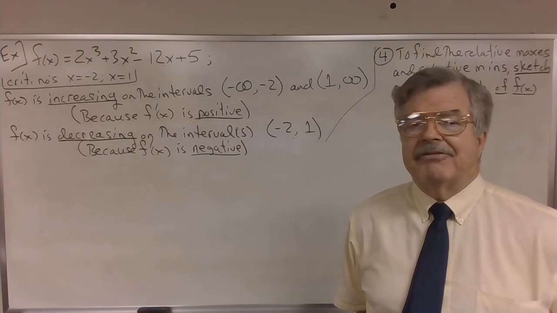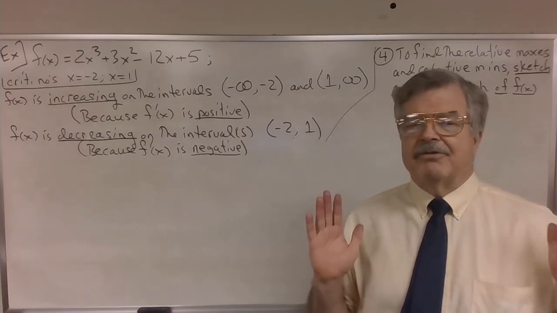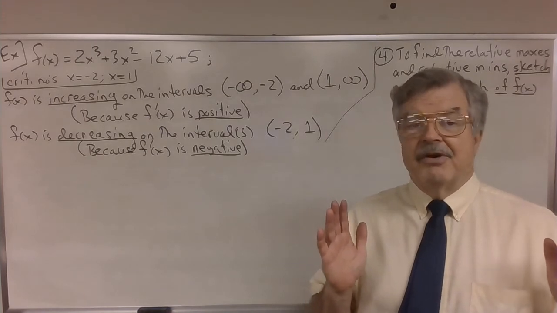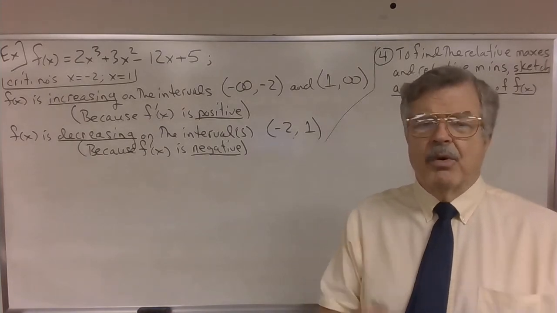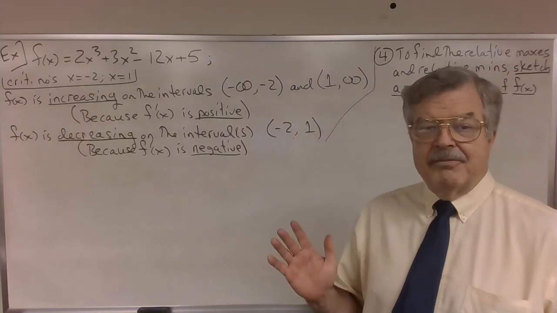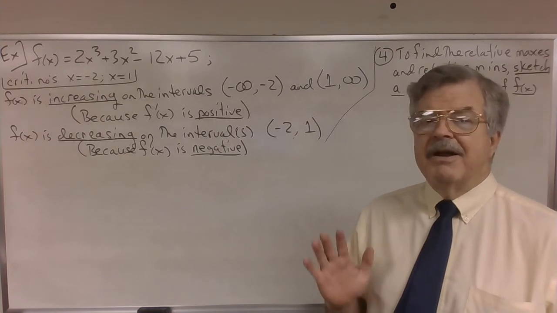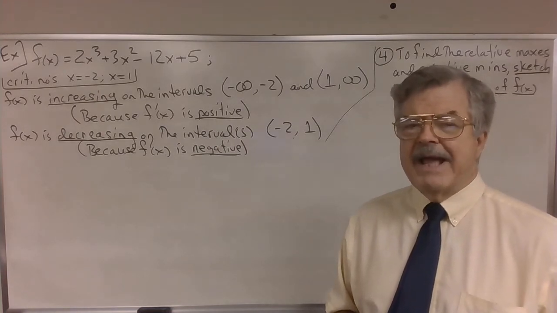When we were doing asymptotes, we realized that the asymptotes were places on the graph of the function where important features occurred. So we used the asymptotes as our vertical and horizontal references, not necessarily the x and y axis.